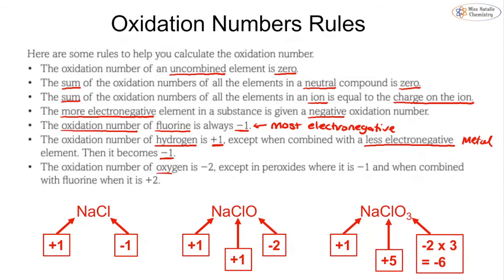And oxygen is always 2-, except in a peroxide, where it is 1-, or if it is combined with fluorine, when it is 2+. Now, these exceptions that do exist, we need to know them, but they are quite rare when they come up in exam questions. They tend to stick to the most common rules that are in this list.